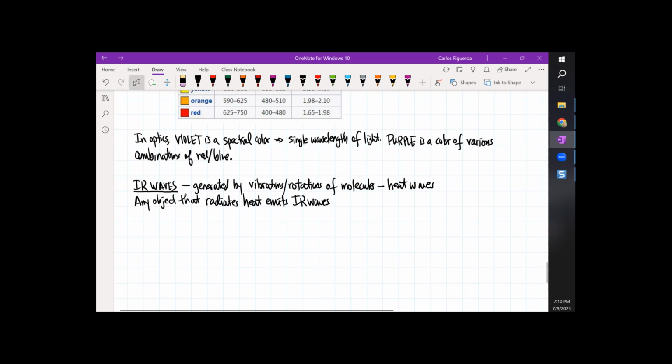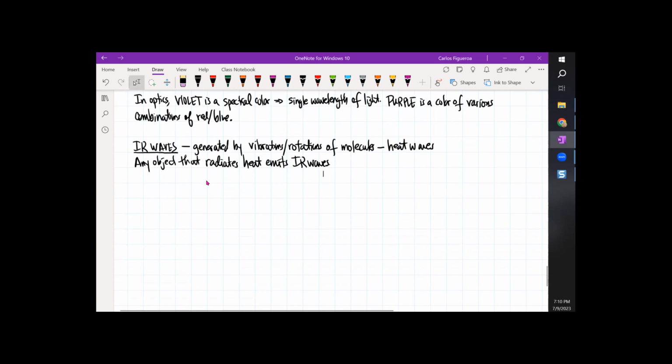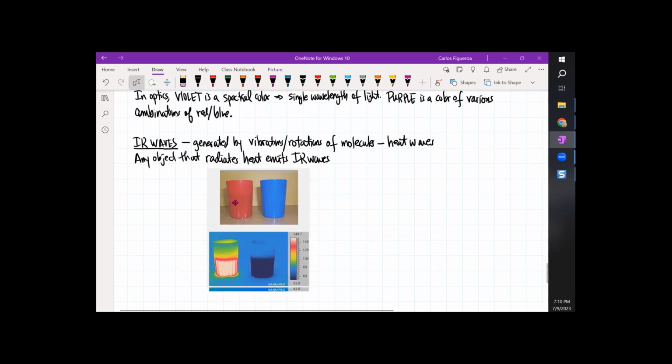There's lots of ways to look at this. Here, I have a picture that I got offline that looks something like this. What you have here, in the red, this one contains hot water. This one contains cold water.